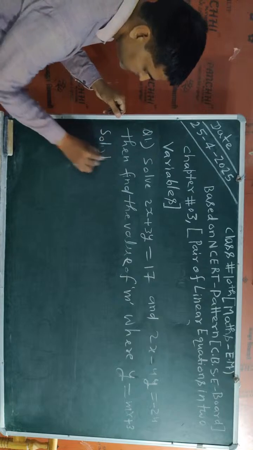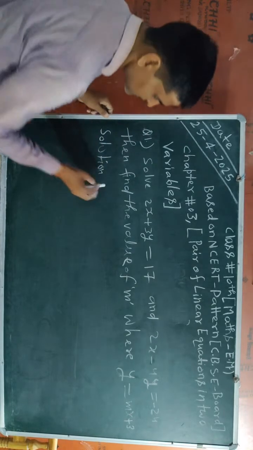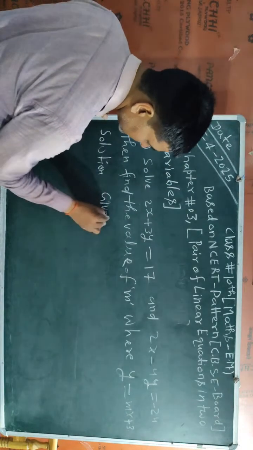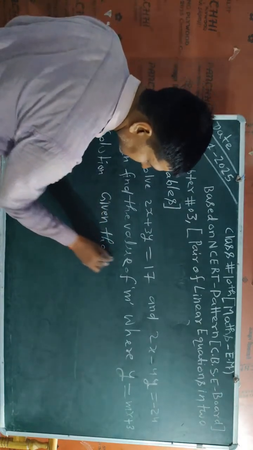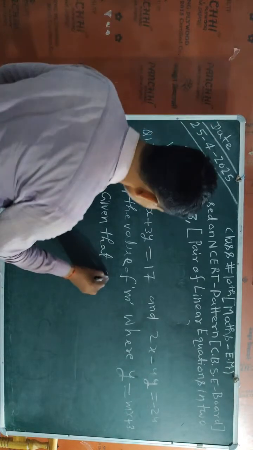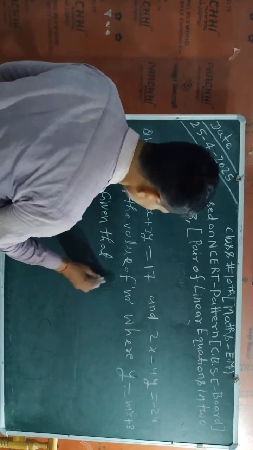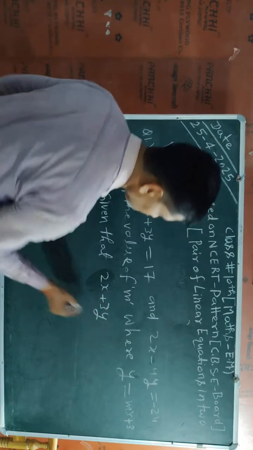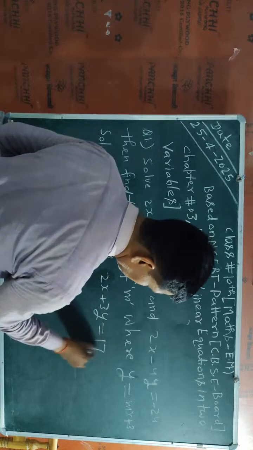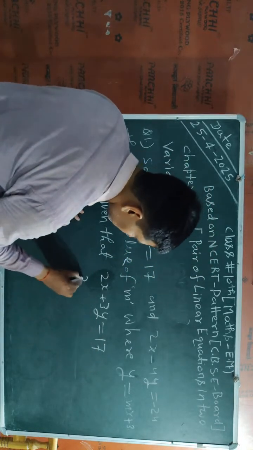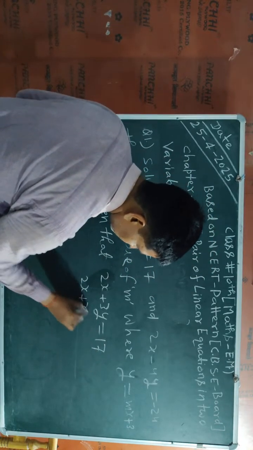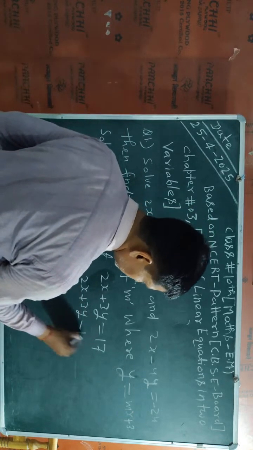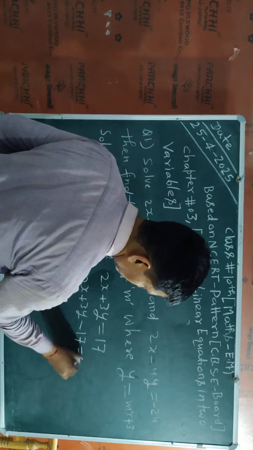First of all, I will write what is given: 2x plus 3y equals 17. I will simplify it by moving 17 to the left side, so the sign changes: 2x plus 3y minus 17 equals 0.